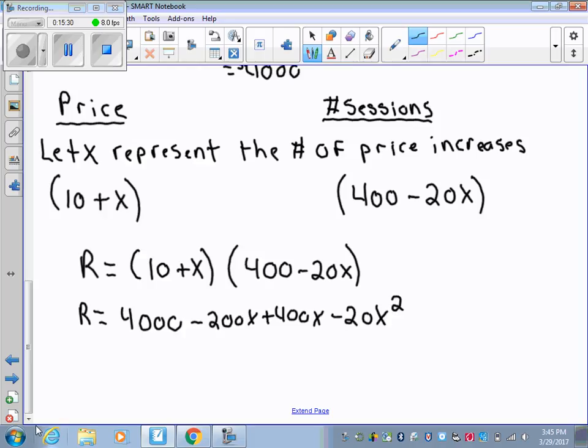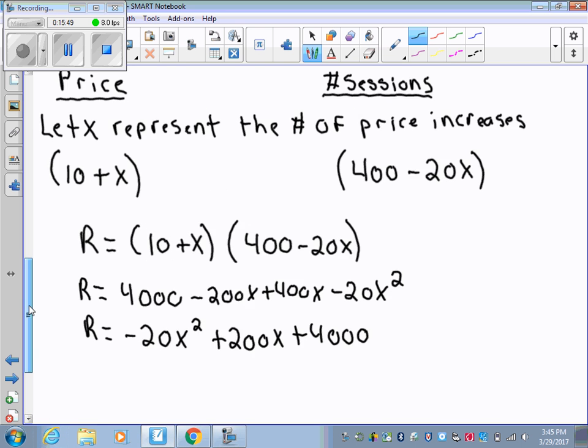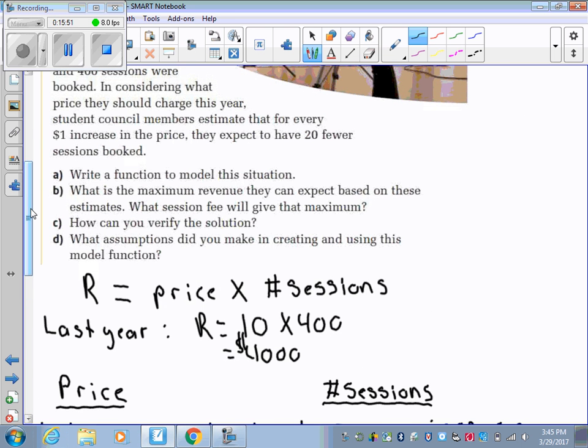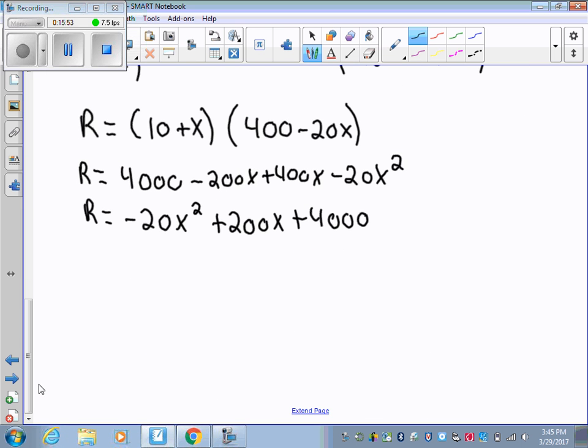So I'm going to put it in standard form. So the negative 20x squared goes first. I simplify this to make 200x plus 4,000. Now it's in standard form, ax squared plus bx plus c. And that is what they're asking us for. Write a function, so that's part A.